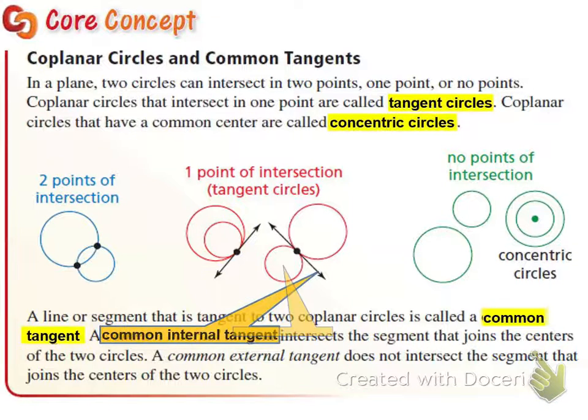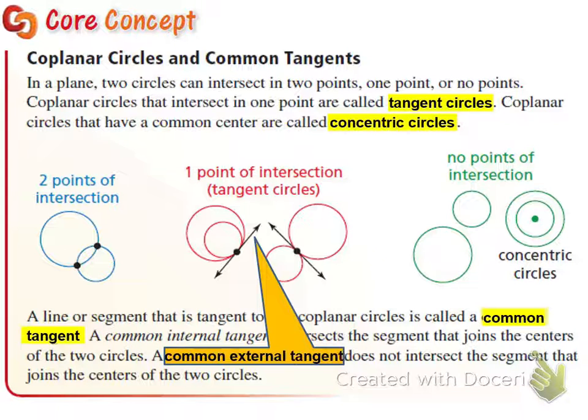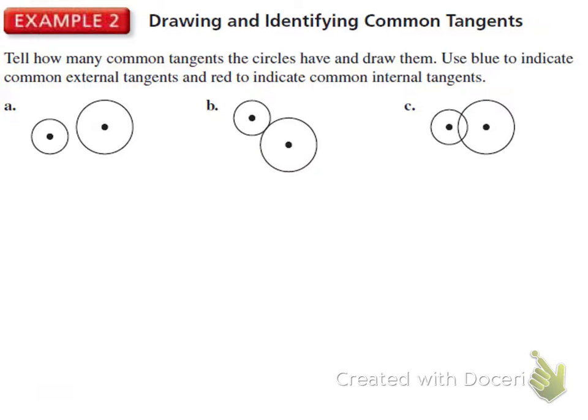So essentially, we're going to be drawing lines that touch each circle 1 time. That's it. This is why I have 2 colors. We're going to tell how many common tangents there are and draw them. We're going to use blue to indicate external.